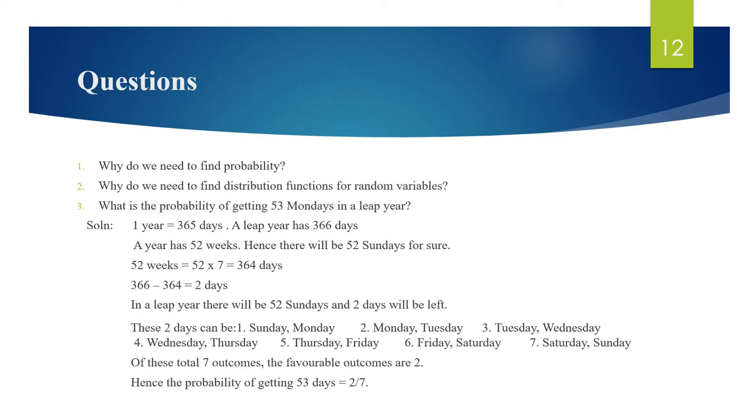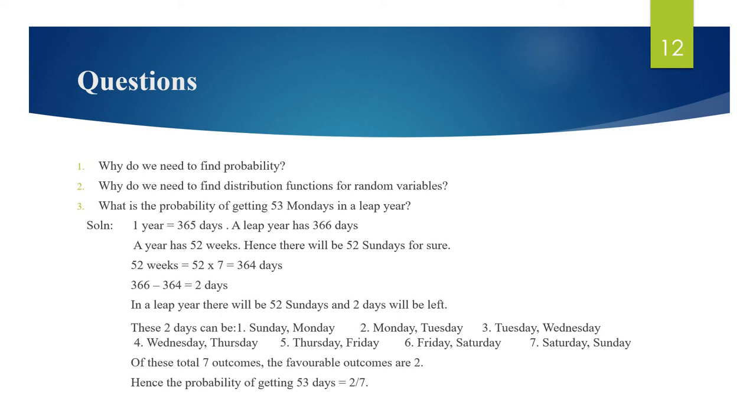So a year has usually 52 weeks, and hence there will be 52 Sundays for sure. 52 weeks is equal to 52 into 7, which is equal to 364 days.